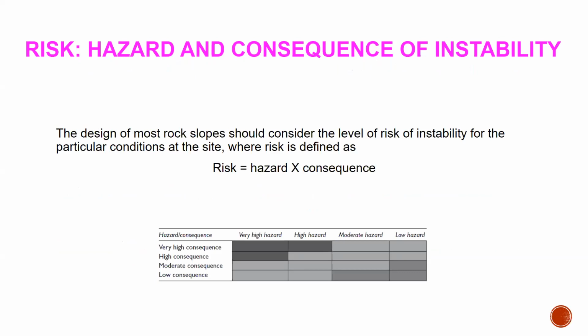If you have done all these things, then based on this, you can assess the risk. So risk is basically the multiplication of hazard and the consequence. Suppose due to a failure, the immediate hazard is basically, suppose it will fail.